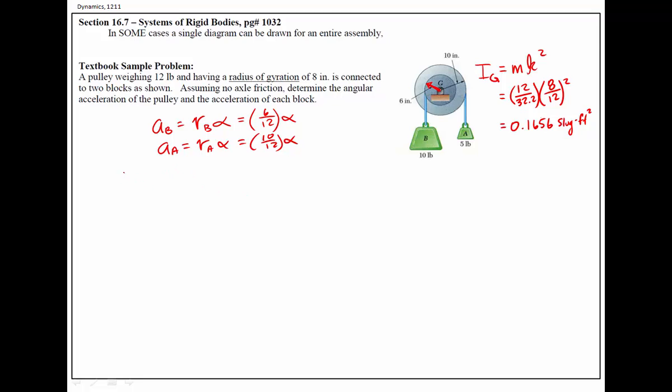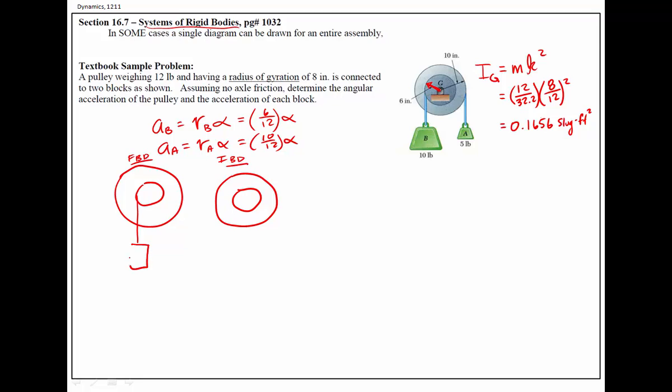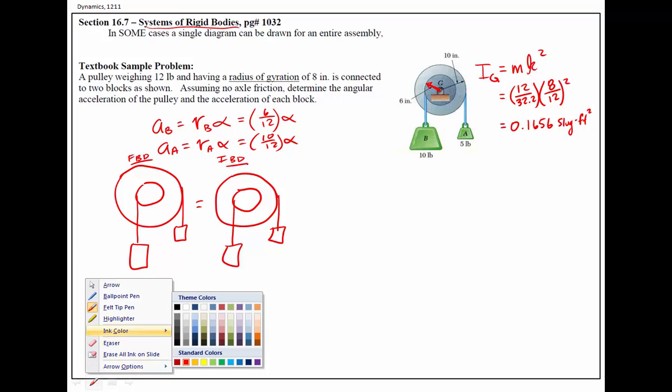Now let's start with our free body diagram and our inertial diagram. Should have left more room in here. So inertial body diagram. And for this particular topic, we're talking about a system of rigid bodies. So we're going to include the blocks in these. And I'll switch colors here.